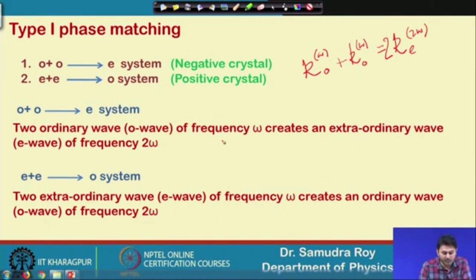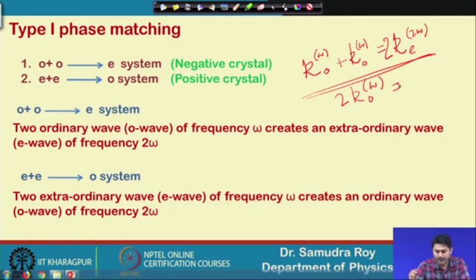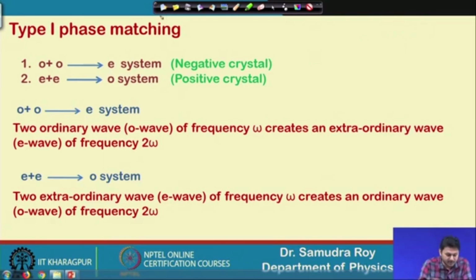Two ordinary waves of frequency omega, two O waves of frequency omega, create an extraordinary wave of frequency 2 omega. Let me write it once again, I will do that later. So, two ordinary waves of omega merge to generate one extraordinary wave; this is one structure.